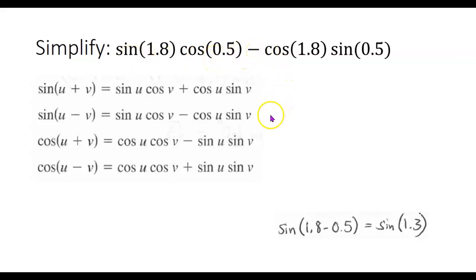So that would be number 2 here, the one for the sine of u minus v. So this expression is equivalent to the sine of 1.8 minus 0.5. That is the sine of 1.3. And then 1.3 isn't anything special, so we'll just leave it as the sine of 1.3.